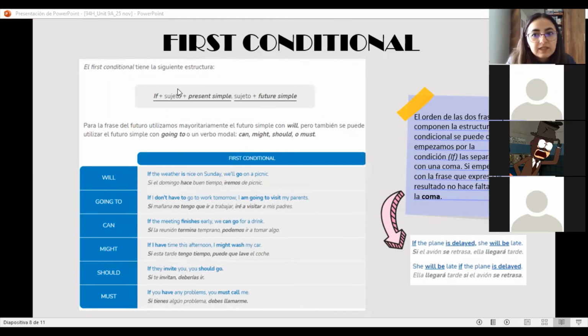To see if it's clear, guys, help me making a sentence and send this sentence to the WhatsApp group. No, to the chat. The Zoom chat is okay. Sí, envíenme una oración, cualquiera haciendo un ejemplo con este first conditional.